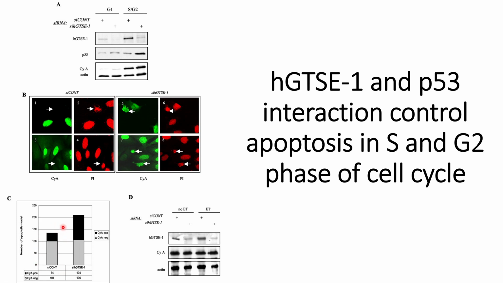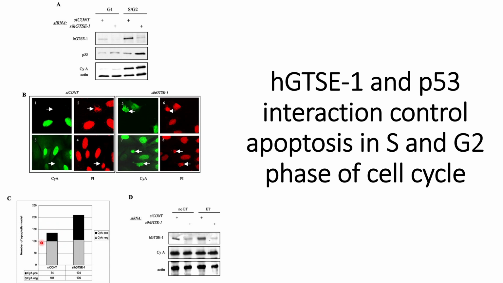These are the total numbers of apoptotic cells, and the black color indicates cells that are positive for cyclin A, and here also the cells that are positive for cyclin A. Cyclin A represents the cells that are in S and G2 phase.